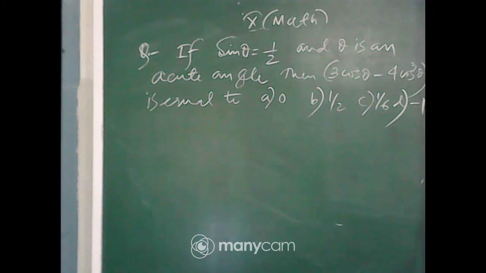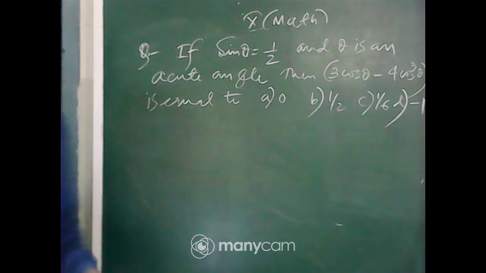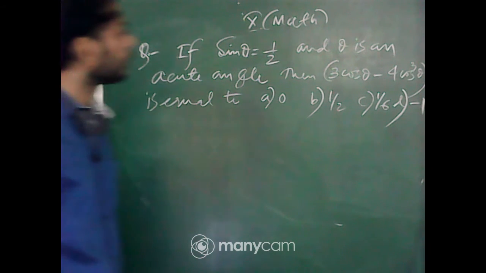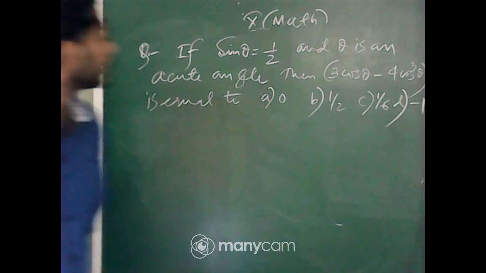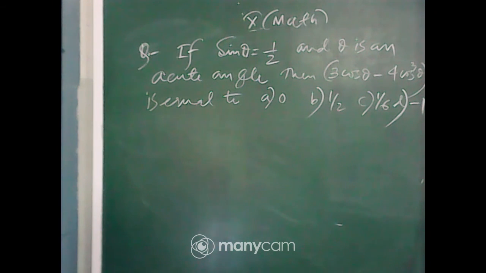Chetna is saying option A. Isanur is saying option A. Here sin theta equals 1/2, and we find the value of cos theta.